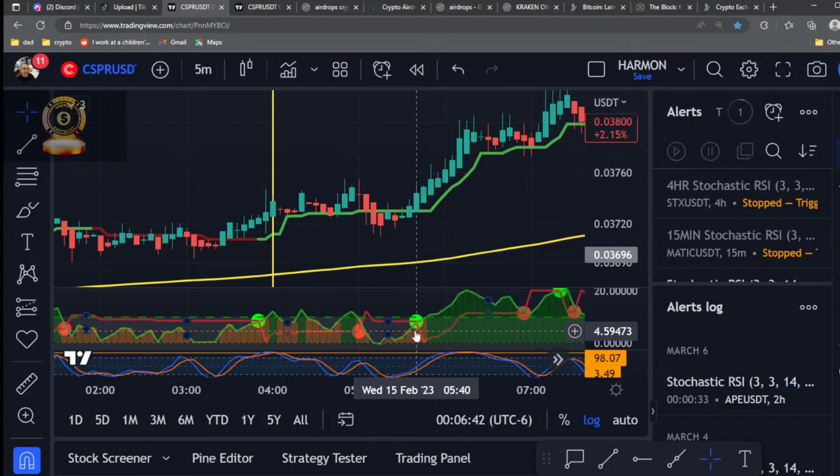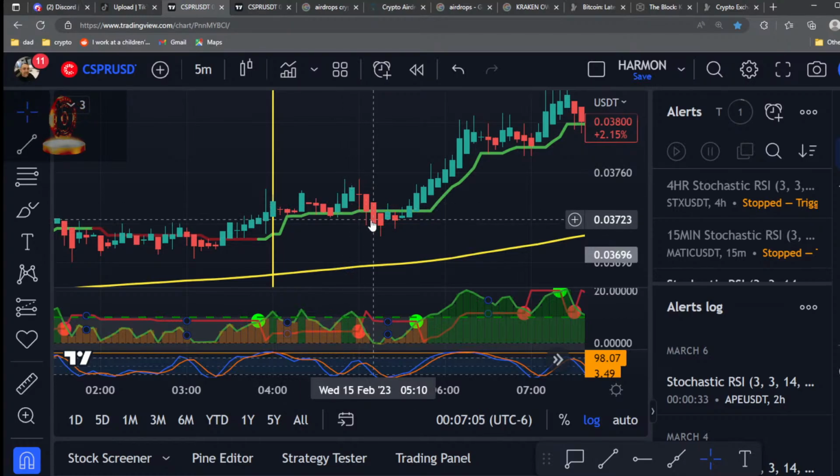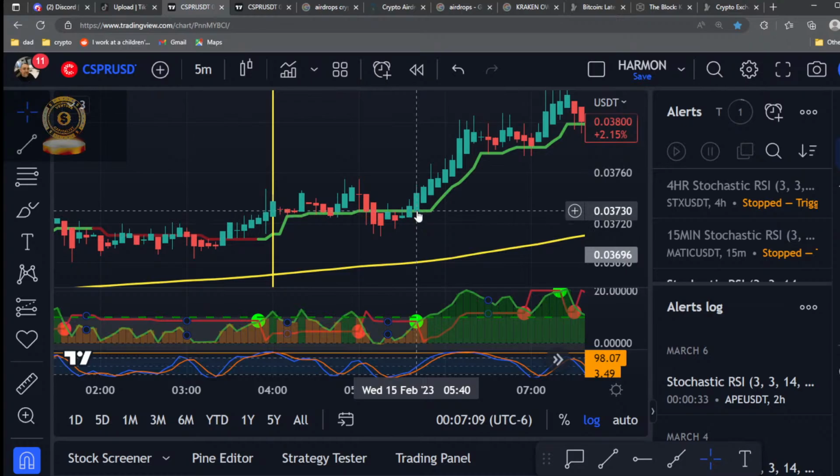Now the bonus is you should be looking for those trades that are also moving in the direction of a 2-hour trend change, right? So this right here in a 2-hour trend change, you have 5, 10, 15, 20, 25, 30, 35, 40, 45, 50, 55, 60, 5, 10, 15, 20, 25, 30, 35, 40, 45.